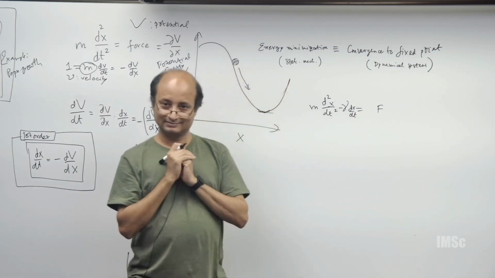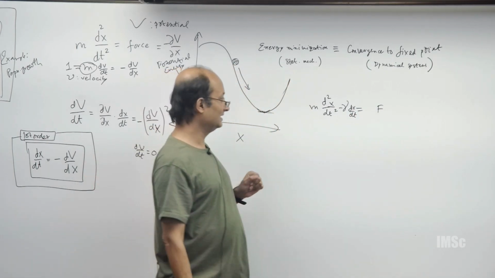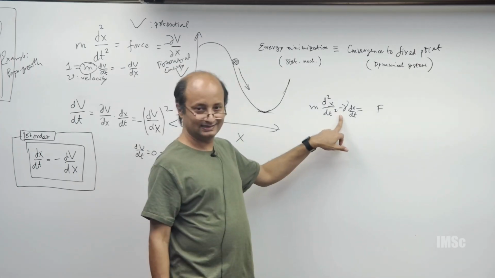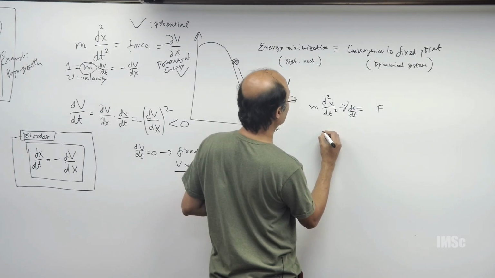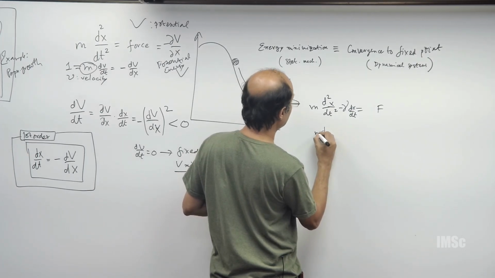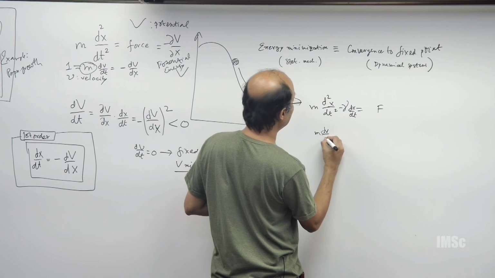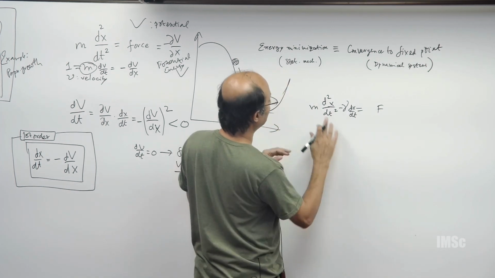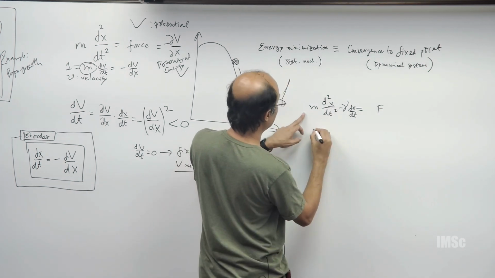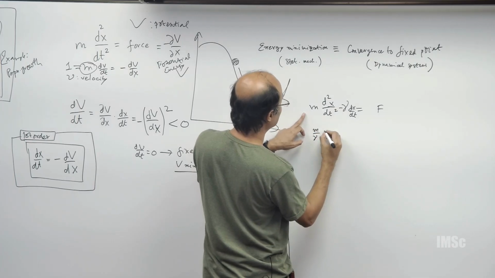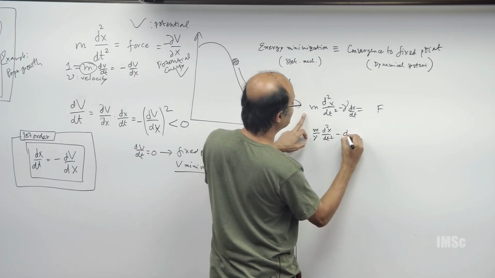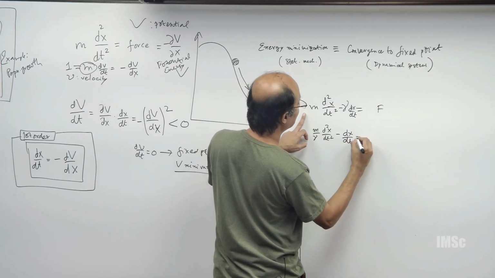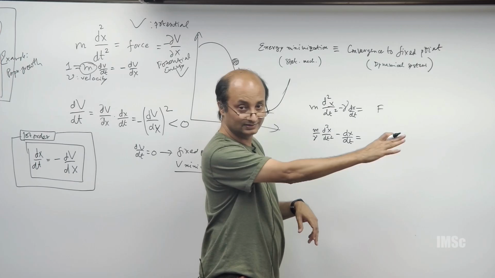Correct? You okay with this? So now I'm saying divide everything by gamma. So this is m by gamma d2x dt2 minus dx dt, and now you have this force.